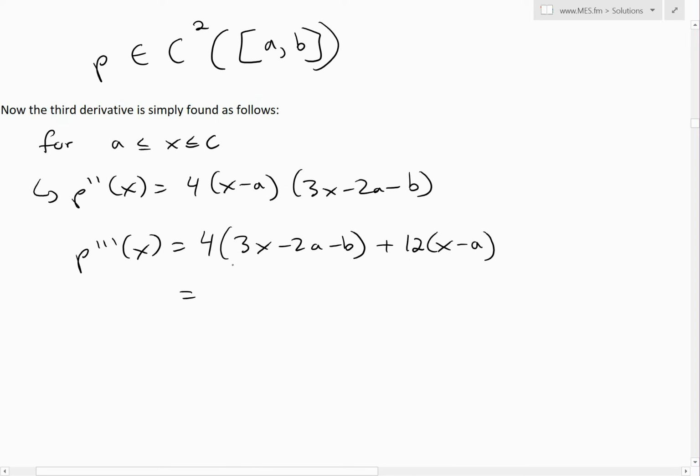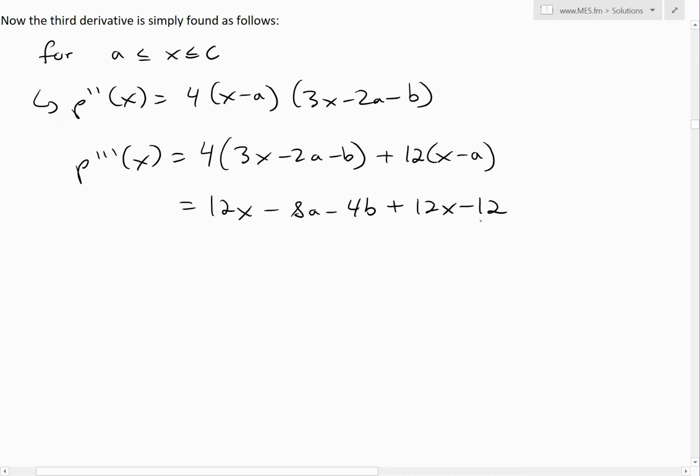So what we get here is, just simplifying this out, 12x minus 8a minus 4b plus 12x minus 12a right here. So what we get now is this 12x plus 12x, that equals 24x.